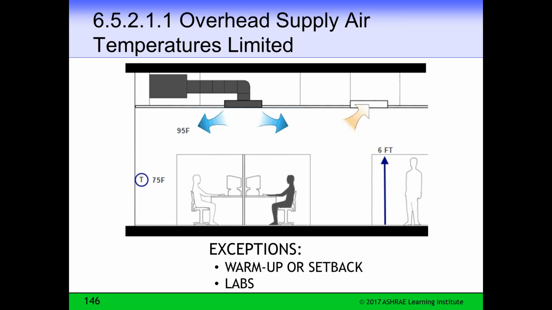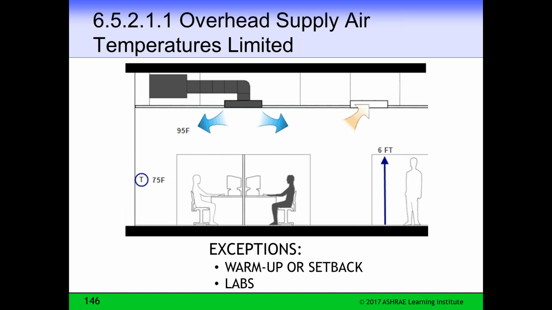Now, one of the reasons we did this was a requirement from ASHRAE 62 that requires the supply air temperature from a VAV box, or actually not from a VAV box in their case, but anyway, supplied from overhead, cannot be more than 15 degrees greater than the thermostat set point, if the return is also at the ceiling.